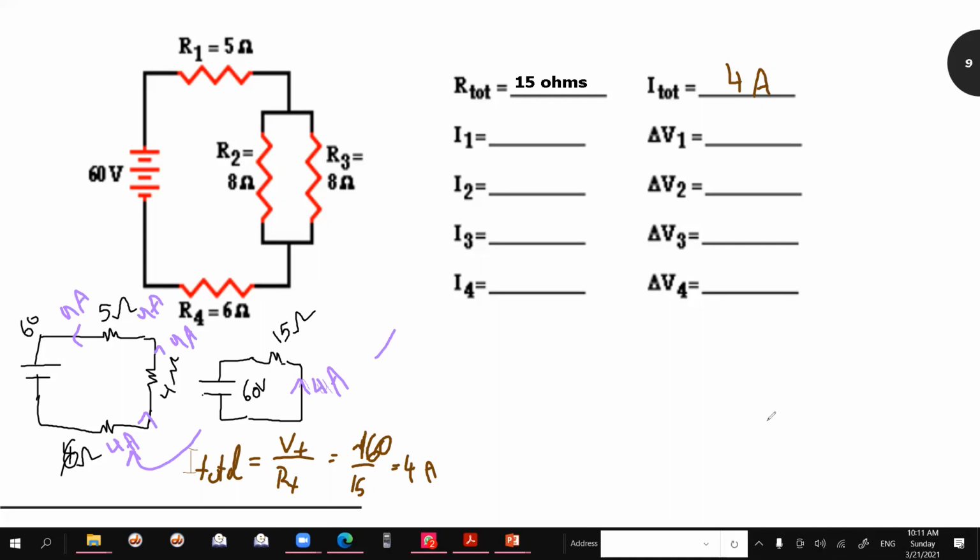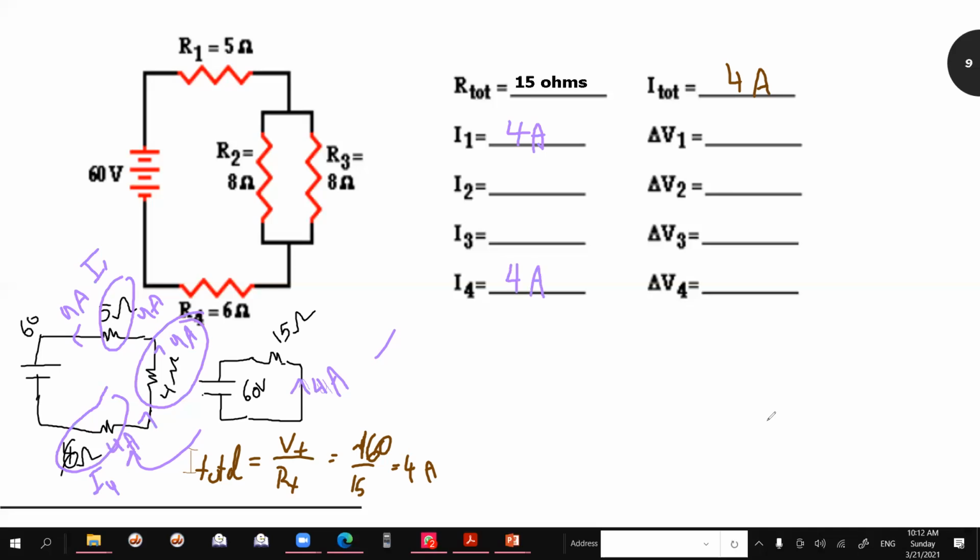And since they are in series, the R total will be R, the same current in 5 ohm, and the same current in 6 ohm, and the same current in this equivalent resistance. So that means I1 for R1, the 5 ohm, will be 4 ampere, and I4 for the 6 ohm, this is I4, and I1 will be 4 ampere too.